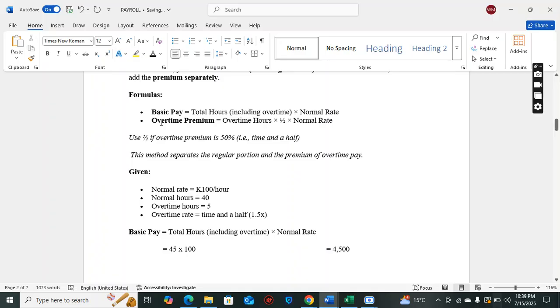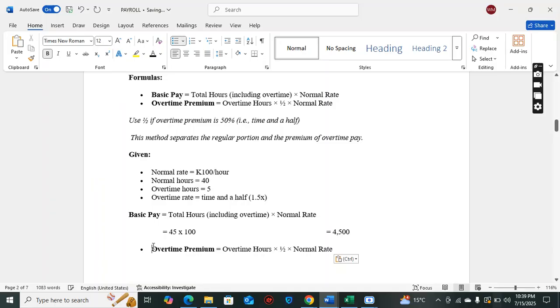Then our overtime premium: the overtime hours times the overtime rate times the normal rate.